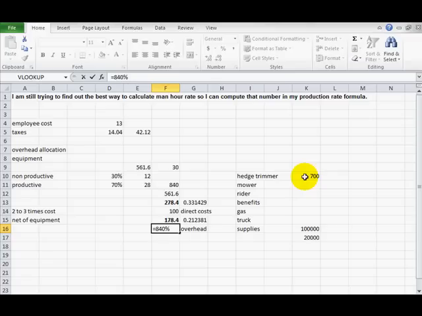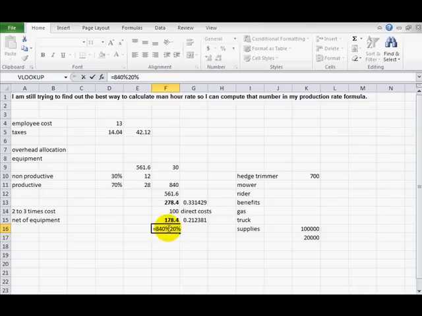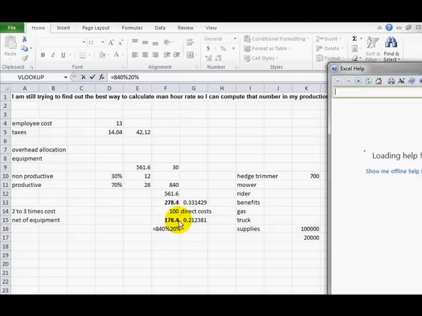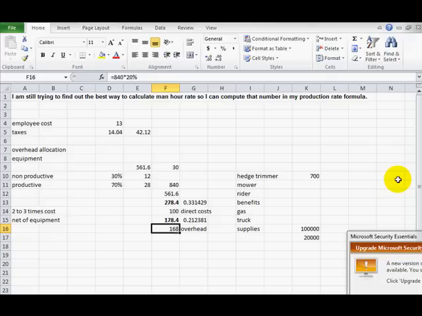times 20%. Oops, I screwed that all up. Let's fix this. All right, so we've got $168 in overhead costs now. So now let's calculate out our margin.